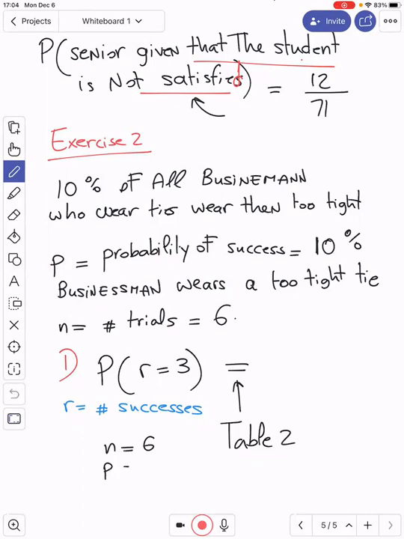The probability of success P is 10%, right? And the number of successes is 3. Okay, so if you check this table number 2, N is 6 and R is 3.